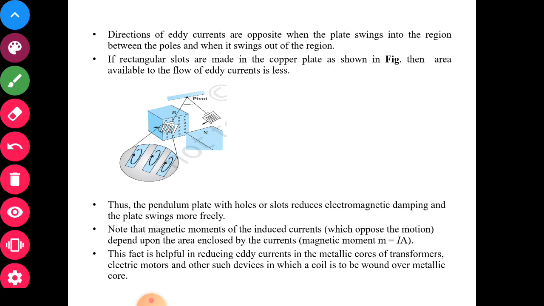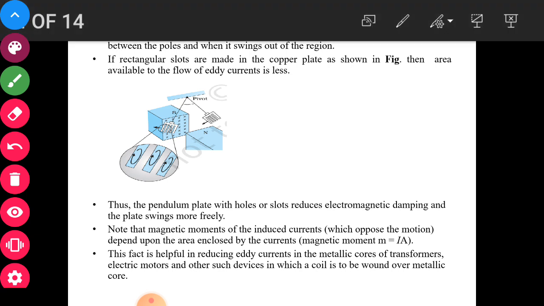In electric motors also eddy currents are produced, and the effect has to be minimized, otherwise it will oppose the motion, and when it opposes the motion the electric motor will not work efficiently and whatever output we want will not be obtained. So these are the different devices where eddy currents are produced. It is an inevitable phenomenon, but we minimize the effect of the eddy currents.